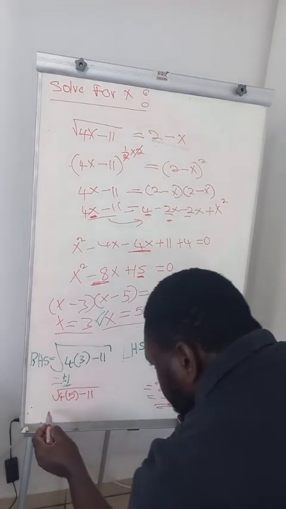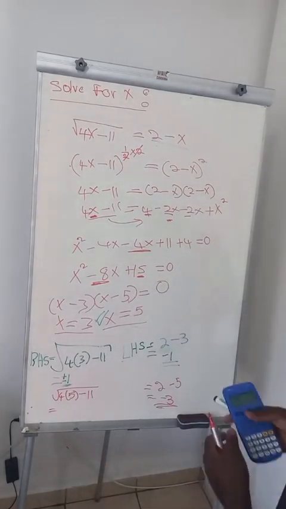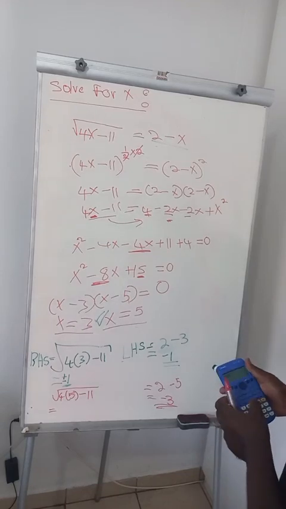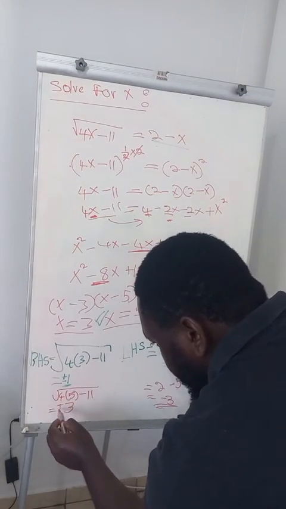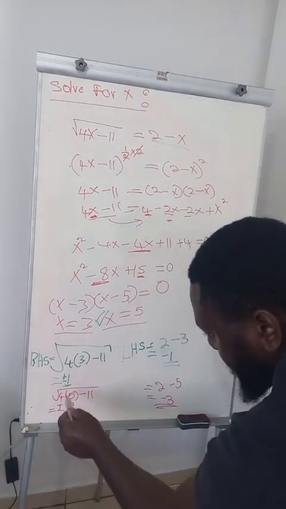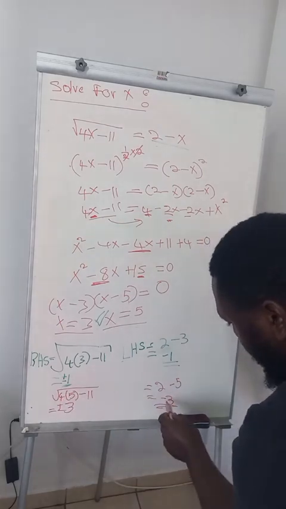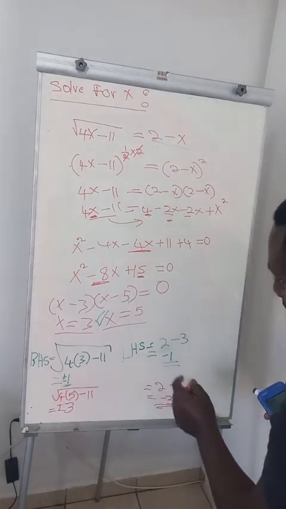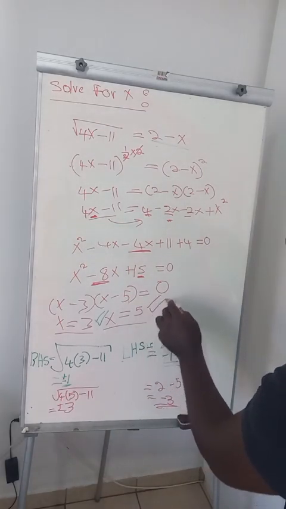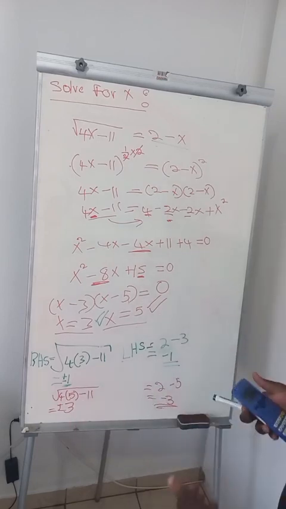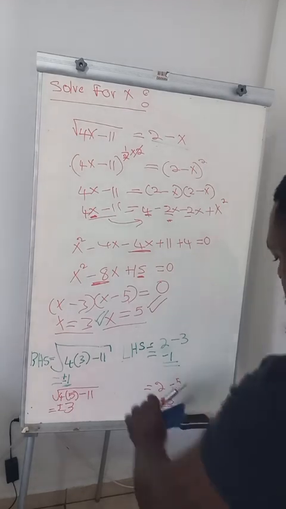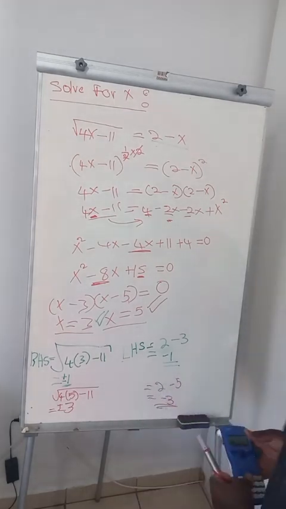And then this side, how much will I get? I'll get a 3. Do you see that this side we get plus or minus 3, because this is the square root? This side you get a negative 3. So it means also this is part and parcel of your answer. So both of them are accepted as answers. And then you're done.